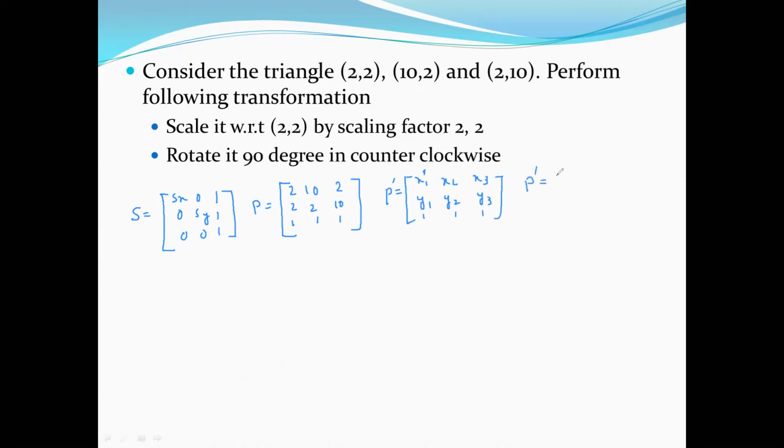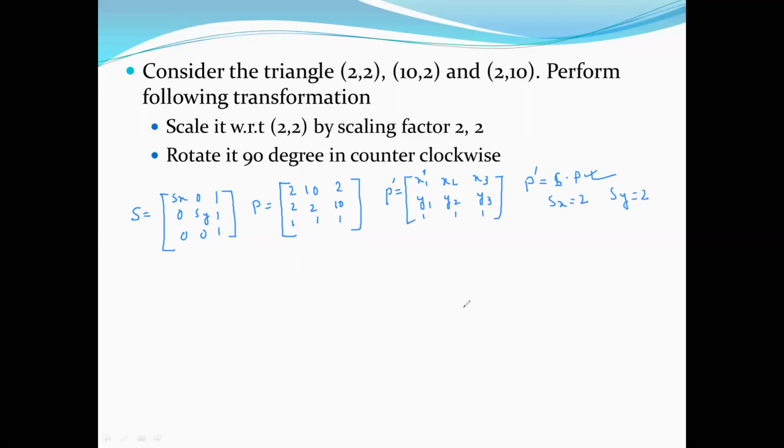We can get P dash just by multiplying S into P. If I substitute the values in this equation, we will get the resultant P dash. And you know the scaling factor is 2, 2. That means Sx, the scaling factor along the x direction, is 2, and the scaling factor along the y direction is also 2. Clear?